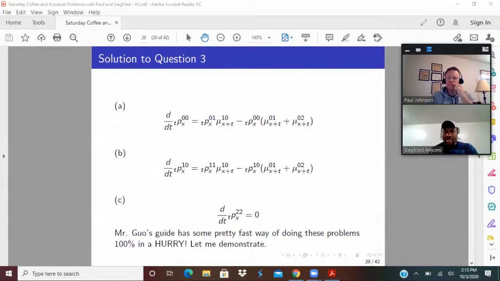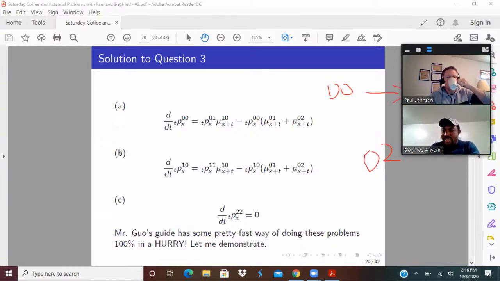So the way Yufeng did it was really cool. I'm going to make a first bubble here to stand for state 0. I have a 1, and then I have a 2 here. So we essentially need tP00. I'm going to include one more bubble here, so I have 2 bubbles, then include a bubble here and a bubble there.